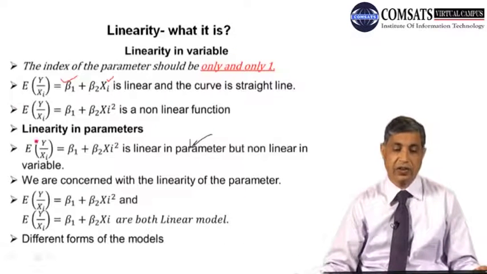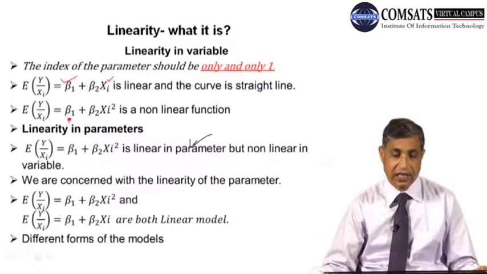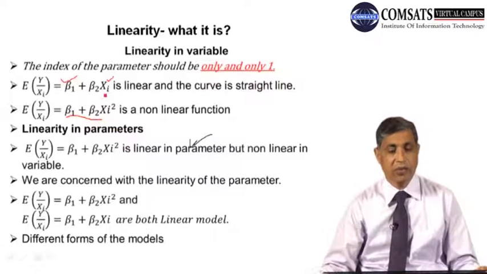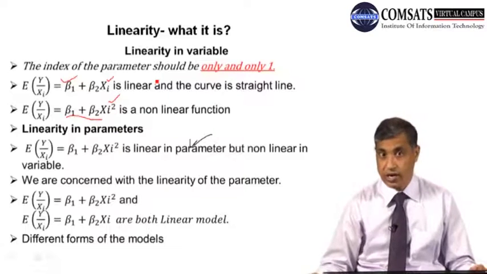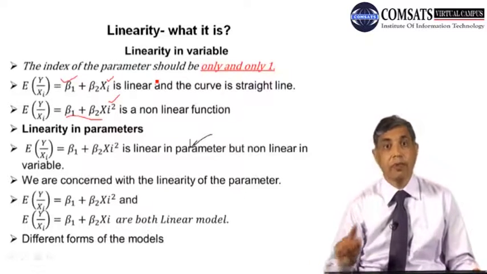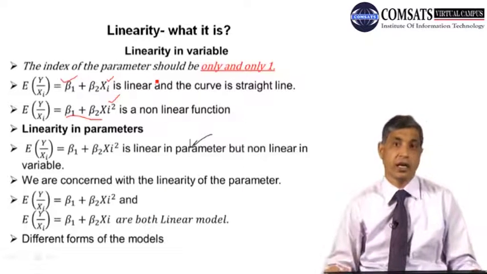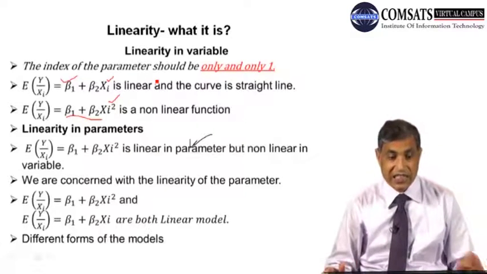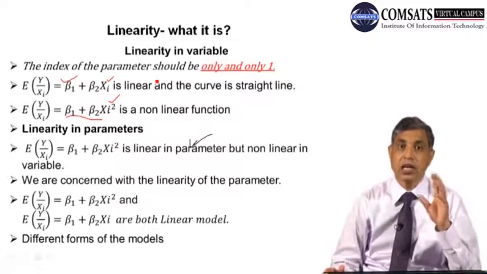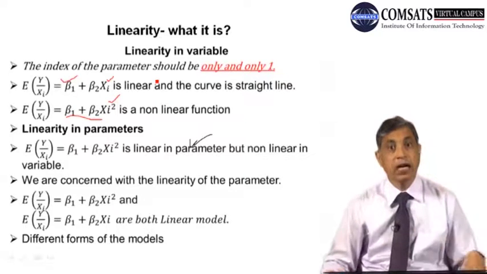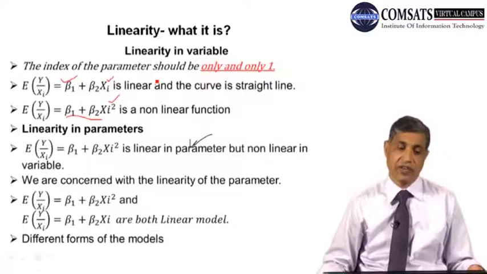Come to the next model. These things are equal, but if you look at xi, it has now become squared. So the power of the variable is now not 1. I think you have guessed that this model is linear in parameter, but non-linear in the variable.